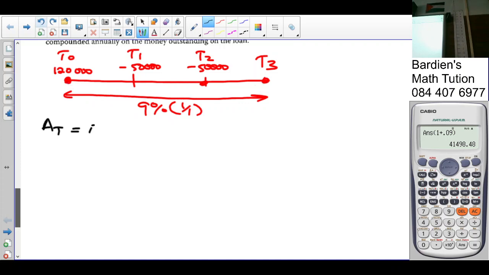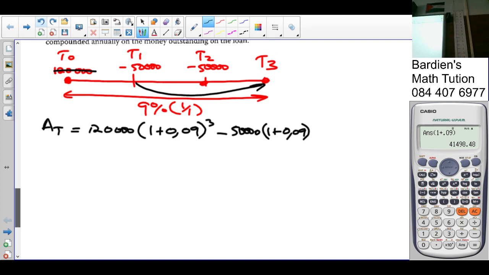Okay? So it's going to be 120,000 rand into 1 plus the interest rate 0.09 to the exponent, how many years is that? 3. So I've considered this now. Now what? I must consider the withdrawal, the payment of the 50,000 rand. So it's going to be 50,000 into 1 plus 0.09 to the exponent 2.